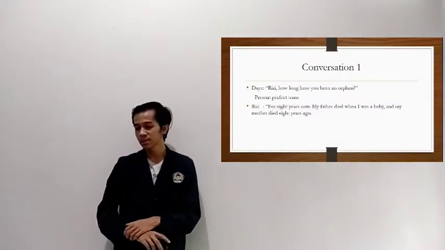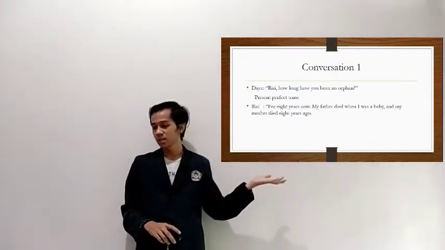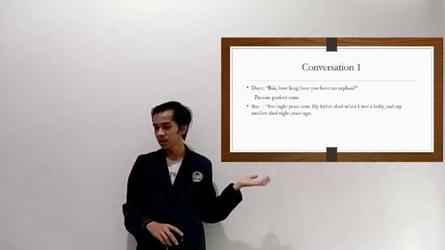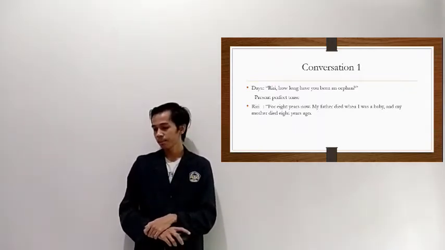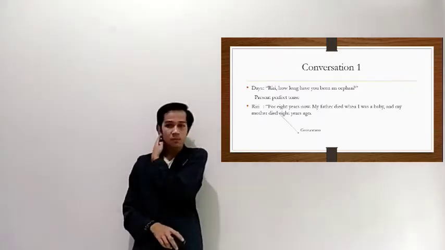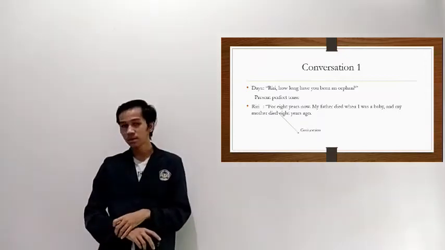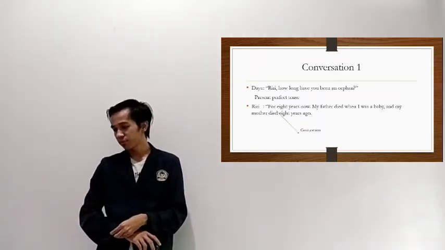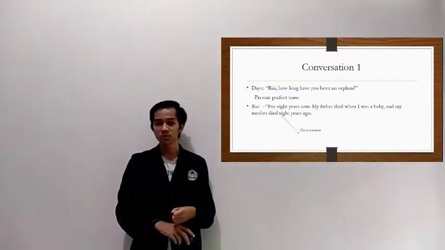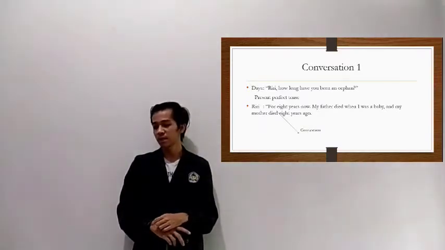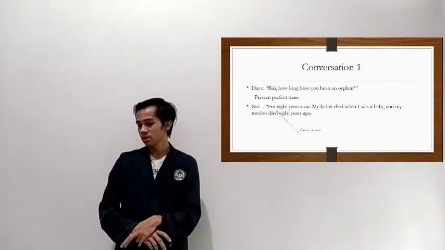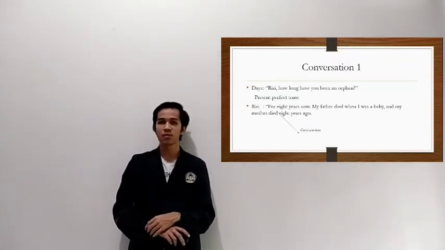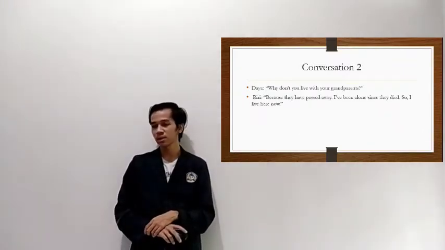So here we can see that Riri's utterance is using the present perfect tense. We can see why it is considered present perfect tense, because of the use of have and been as the verb 3. And from the conversation, she uses the conjunction for that is related to the time.